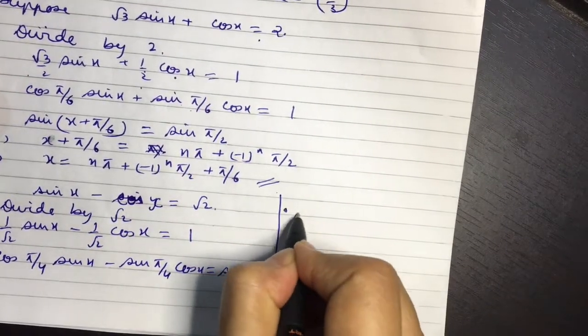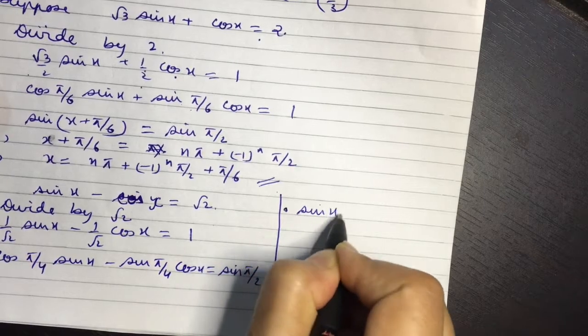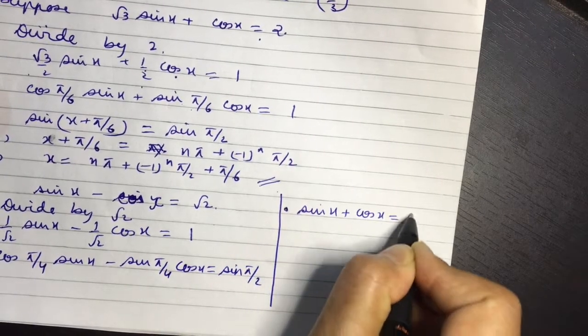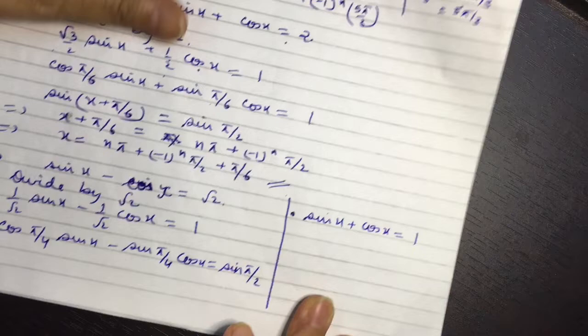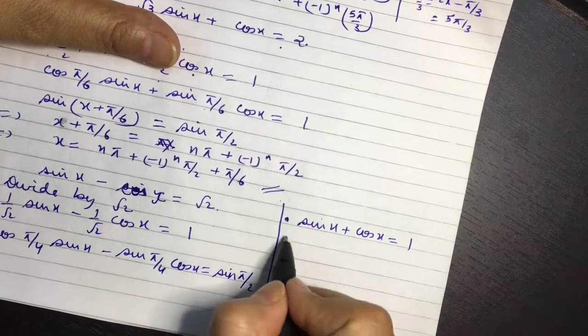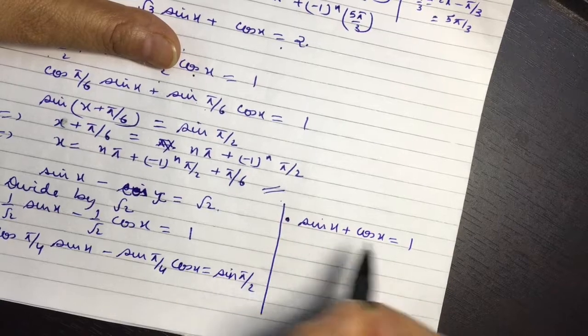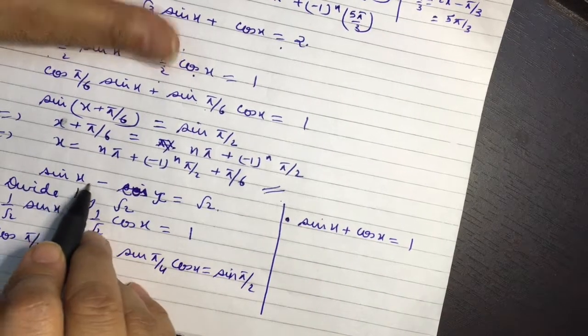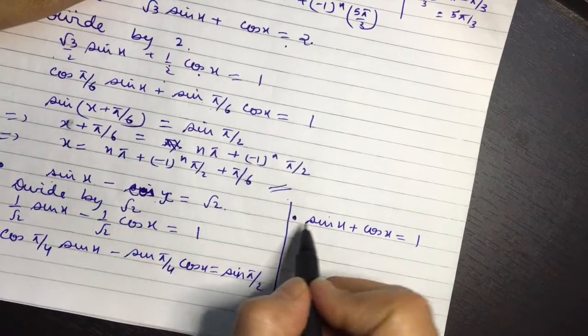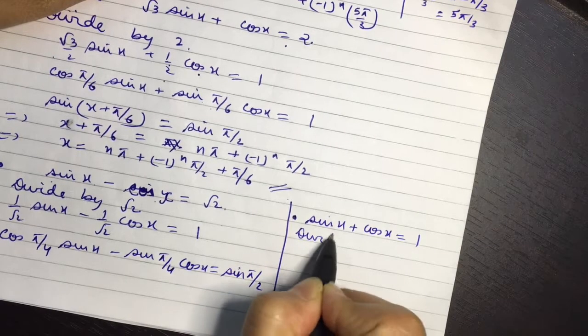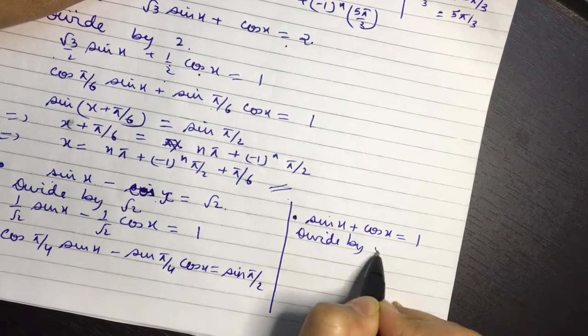Similarly, we could have had a question like sine x plus cos x equal to 1, suppose. Okay, then also, since the coefficient of both sine and cos is 1 or minus 1 here, we always try to bring in pi by 4. So we divide by root 2.